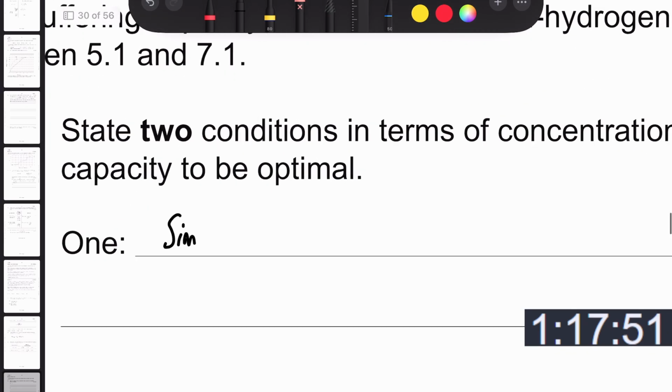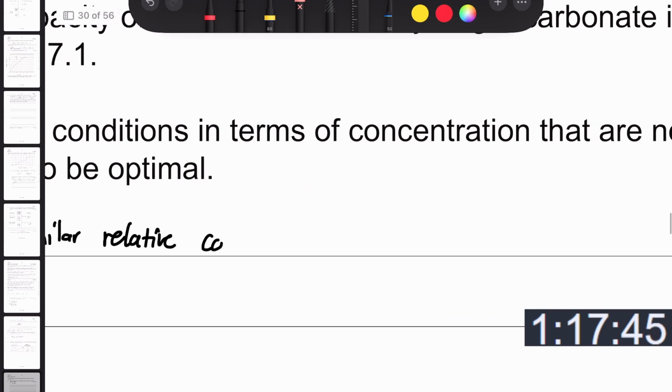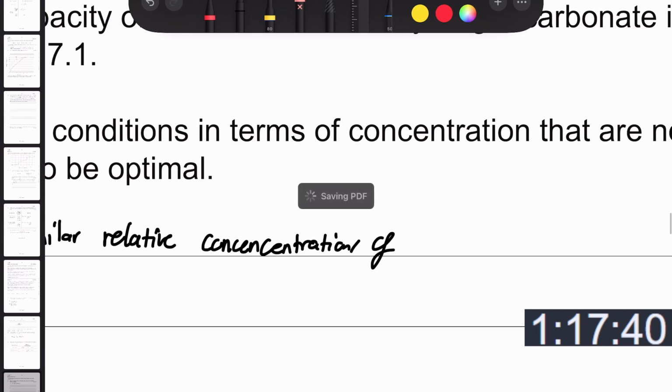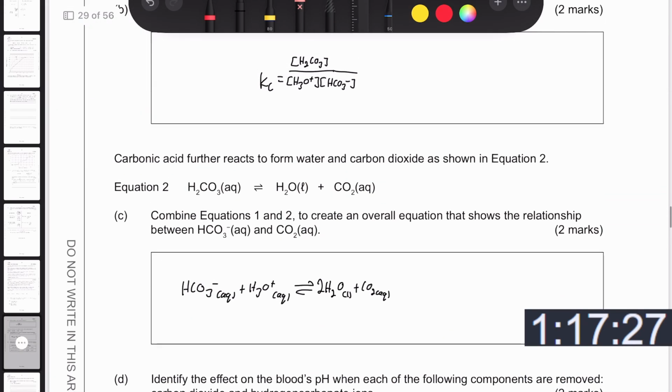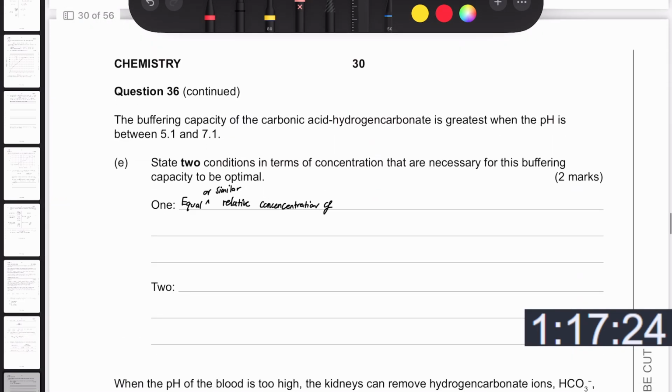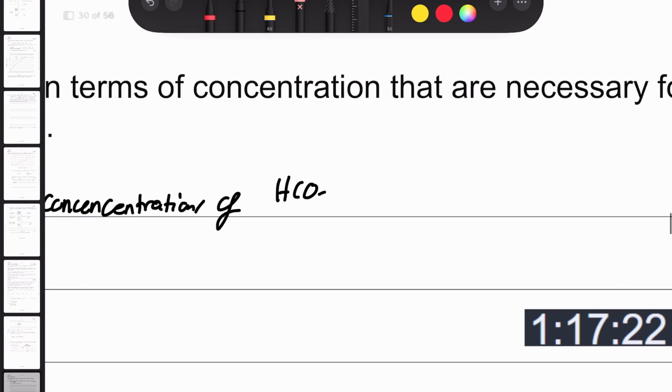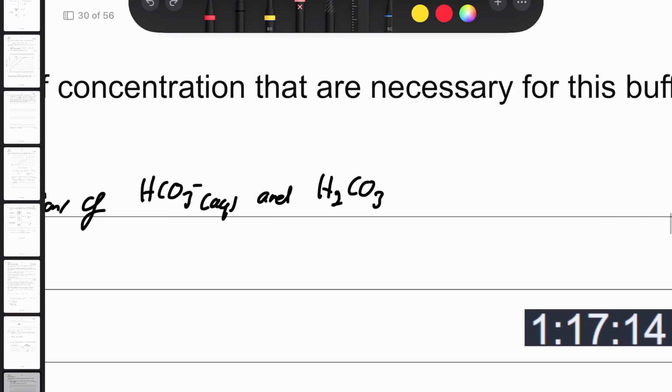So I'm going to say similar relative concentrations, or similar or equal, so equal, or similar concentrations of hydrogen carbonate, so HCO3 minus aqueous, and H2CO3 that's just aqueous.